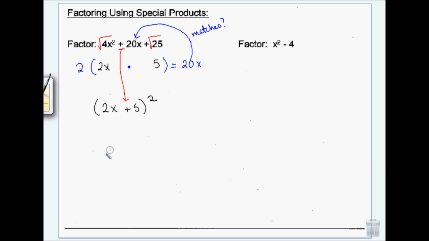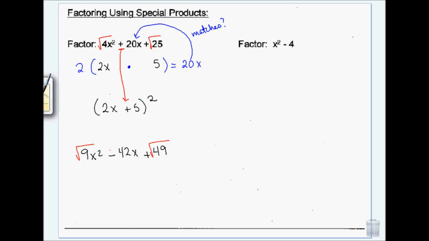Yeah? Okay. Actually, let's do a minus. Okay.